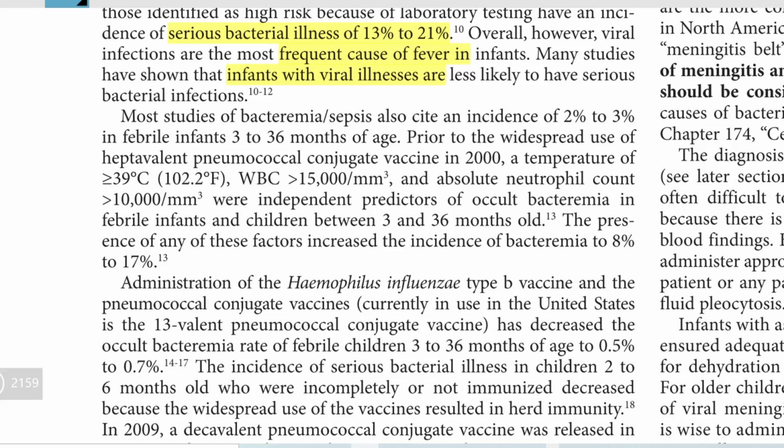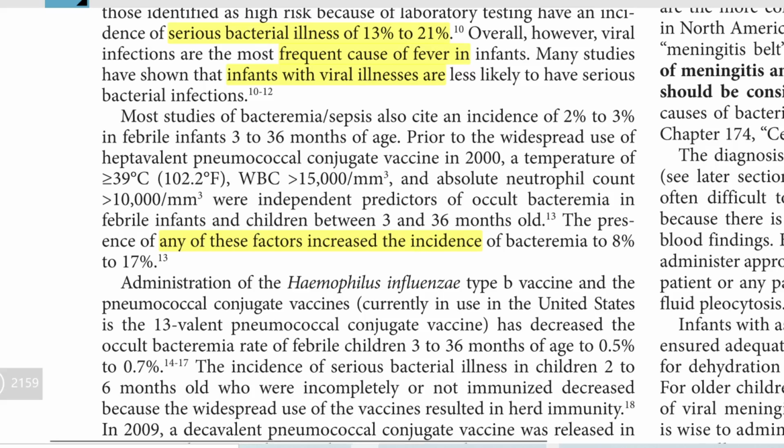Prior to widespread use of the heptavalent pneumococcal conjugate vaccine in 2000, a temperature of more than or equal to 39 degrees centigrade or 102.2 degrees Fahrenheit, a WBC count more than 15,000, and an absolute neutrophil count of more than 10,000 were independent predictors of occult bacteremia in febrile infants and children between 3 and 36 months old. The presence of any of these factors increases the incidence of bacteremia to 8 to 17%.